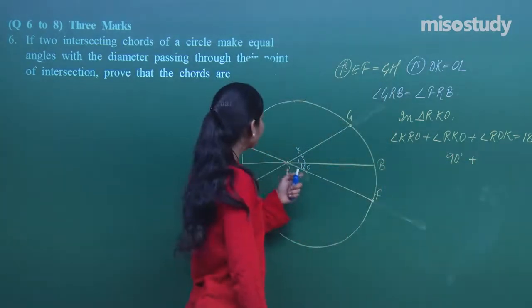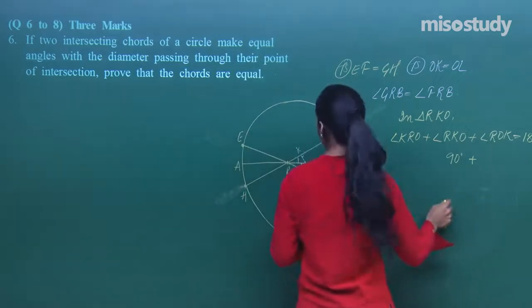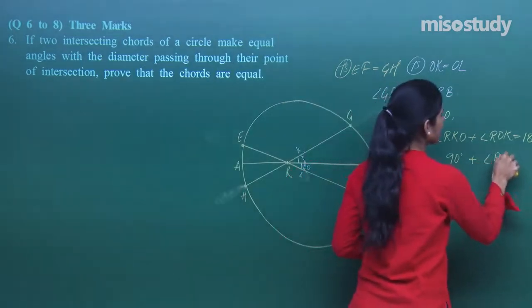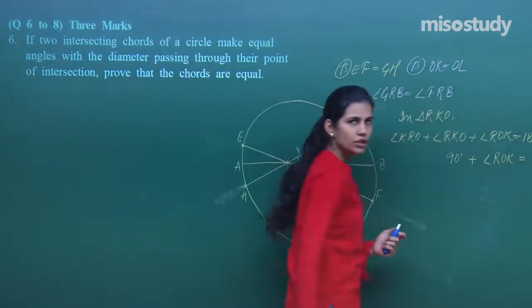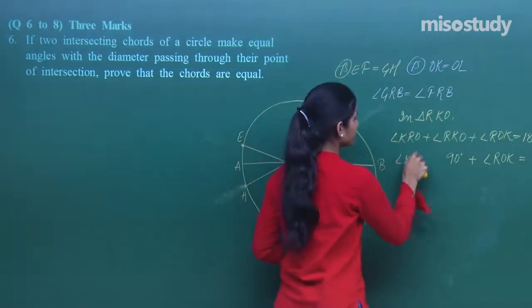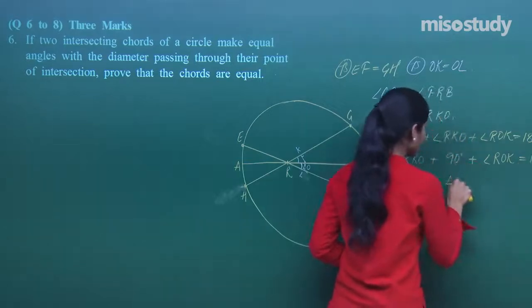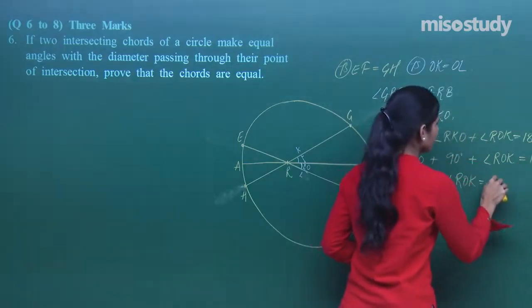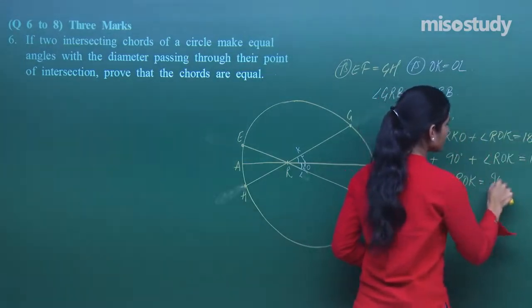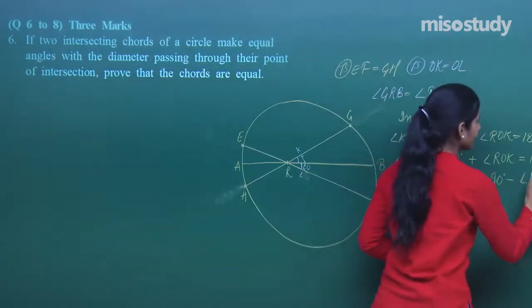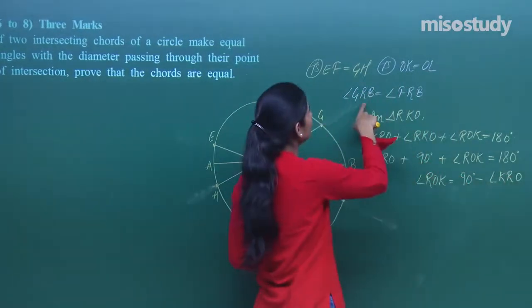Angle KOR, or ROK, leave it as it is. Here it is angle KRO. This is 180, so angle ROK will be 180 minus 90, which is 90, minus angle KRO.